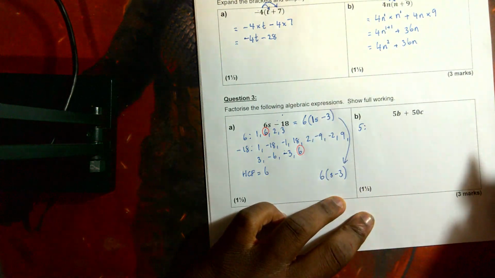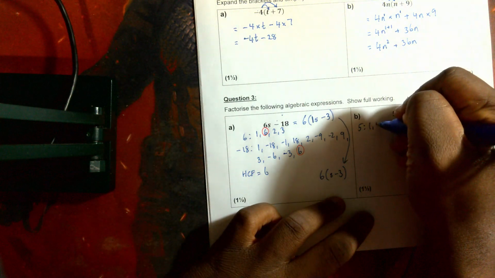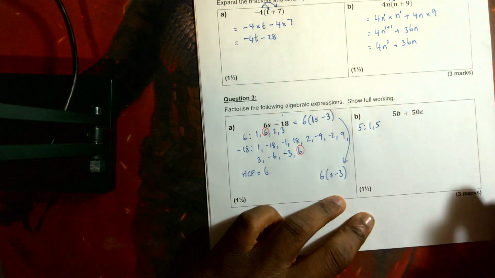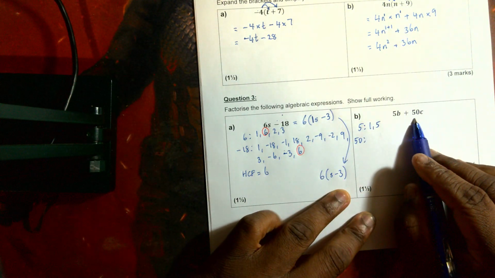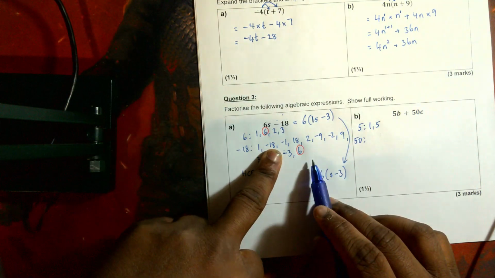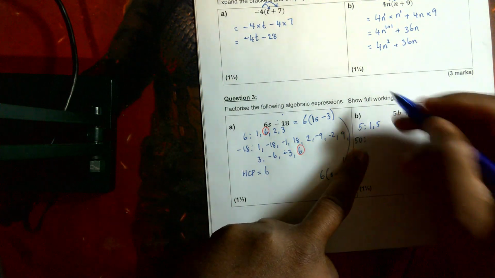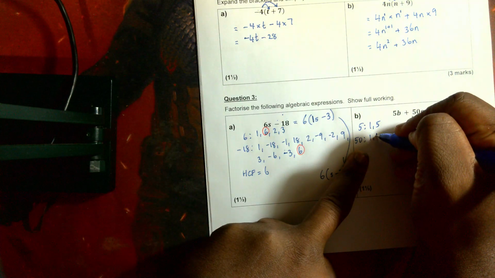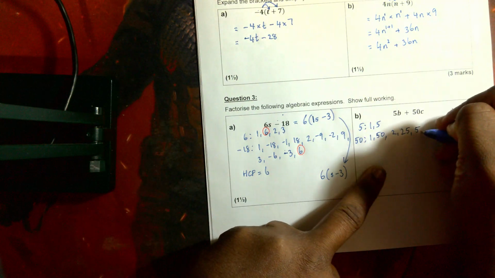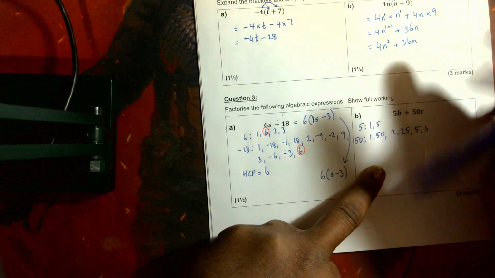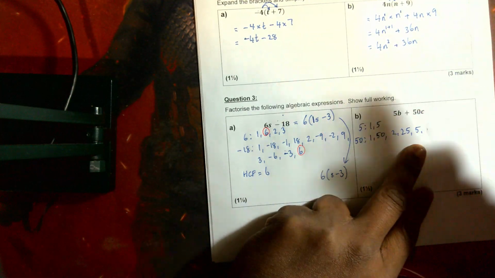So factors of 5. 5 being a prime number, your only factors are 1 and 5. 50 this time is positive, so I do not need to consider any negative numbers here. So factors of 50 are 1 and 50, 2 and 25, 5 and 10.